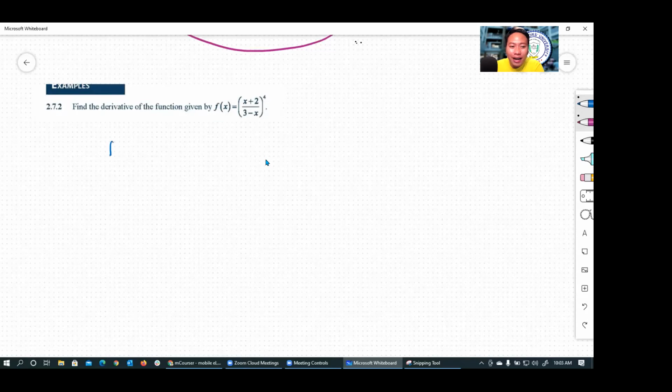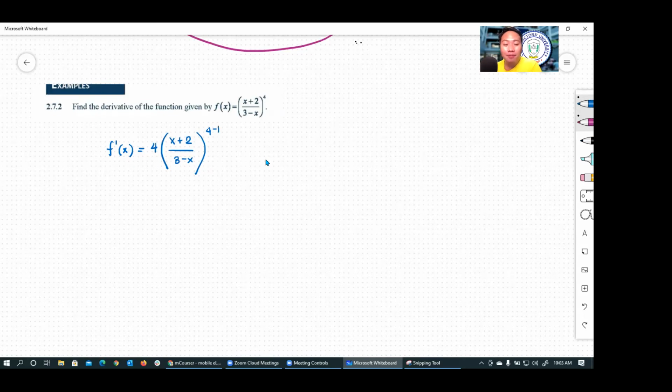We want to find the derivative of the function. Again, you start with the outermost part of the function, which has an exponent of 4. So you bring down 4, and then copy everything inside the parentheses, x plus 2 over 3 minus x, raised to the power of 4 minus 1.